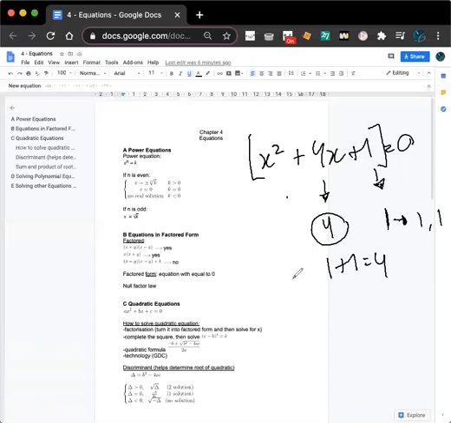So to figure out the answer to x, you're going to have to complete the square. By completing the square, I mean to separate this value from this.